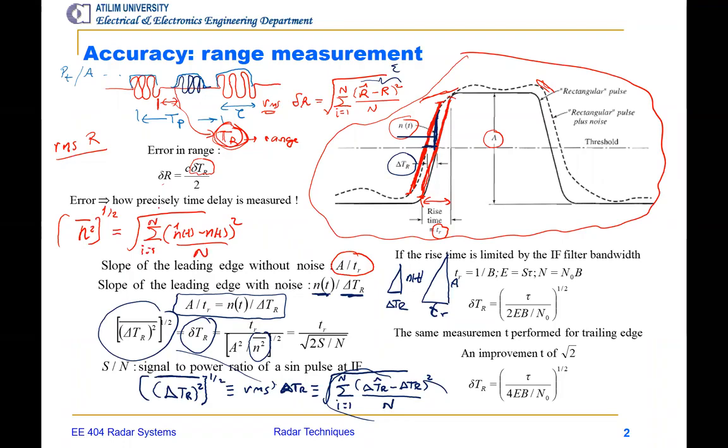Okay? So then we can write the RMS error in terms of the amplitude of the pulse along with the RMS of the average of the noise.